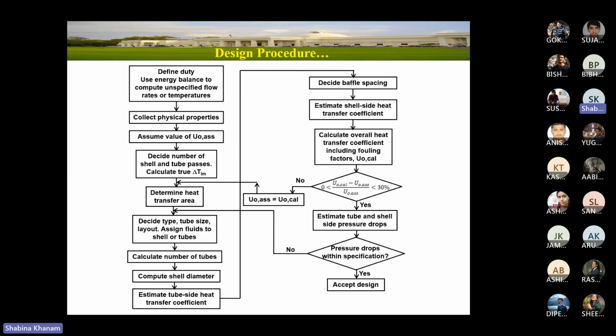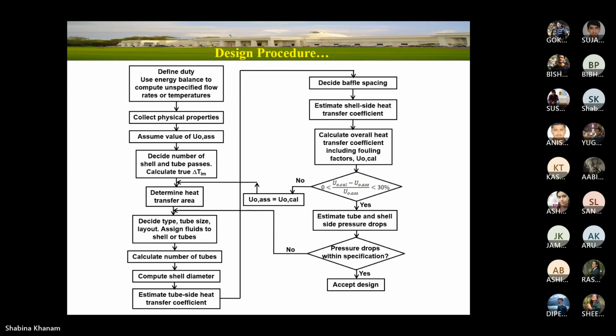Okay, I will also show you what measures you can take to bring the overall heat transfer coefficient and pressure drop into the permissible limit. Some of the things I have already discussed, but I'll show you that in detail later on.